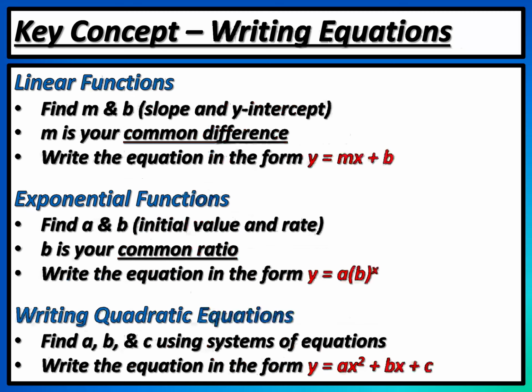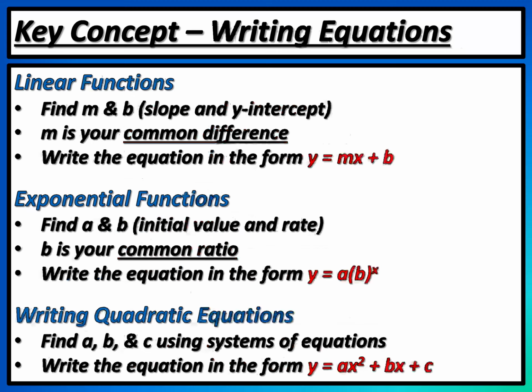A linear function we know is y equals mx plus b. So we need to find the m and the b, the slope and the y-intercept. Lucky for us, the common difference represents the slope. When we do an example, we'll talk about ways to get the b.